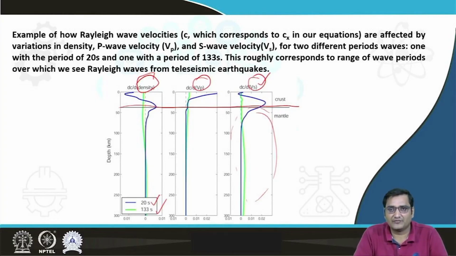So all in all, if you want to look at these features more closely, you can have your Rayleigh wave velocities computed at different points on the surface of the earth, in the form of group velocities or phase velocities. Then you can convert them to shear wave velocities.